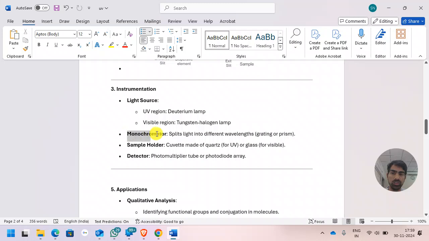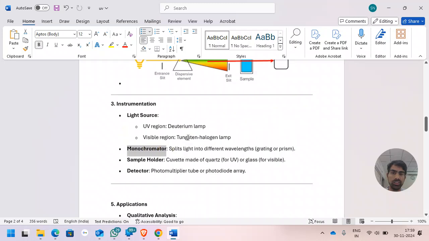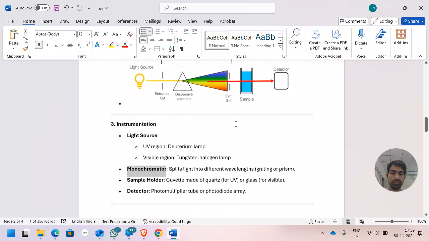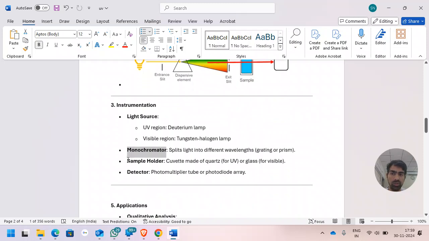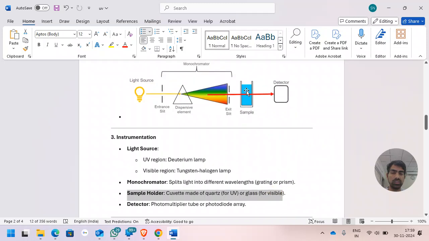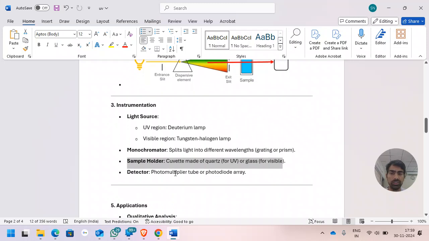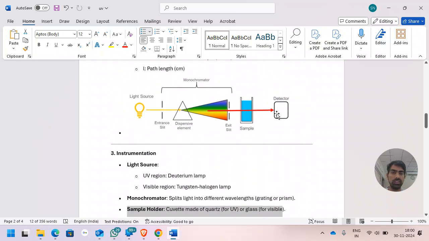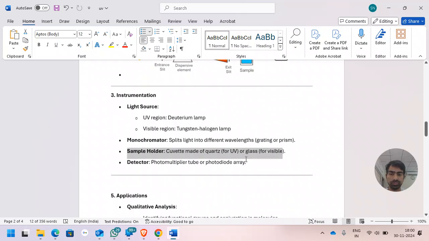We need monochromator slits, which are required for the separation of the light. Sample holder: we need a quartz cuvette for the sample. Then the detector. A photomultiplier tube is used as the detector.